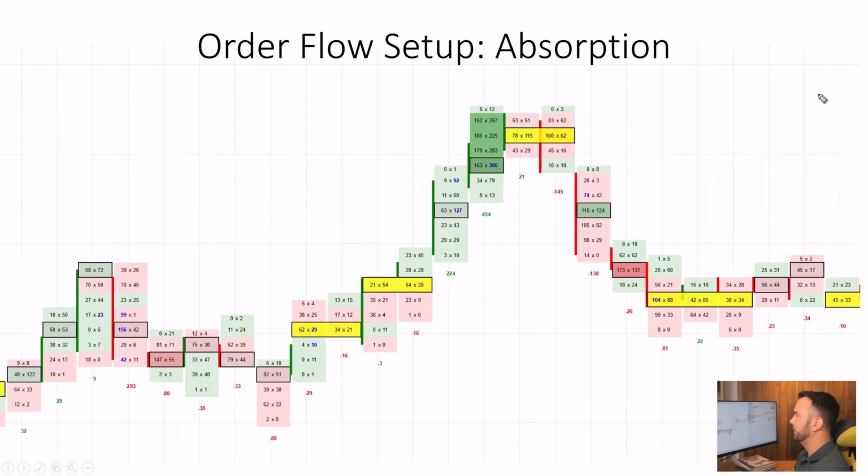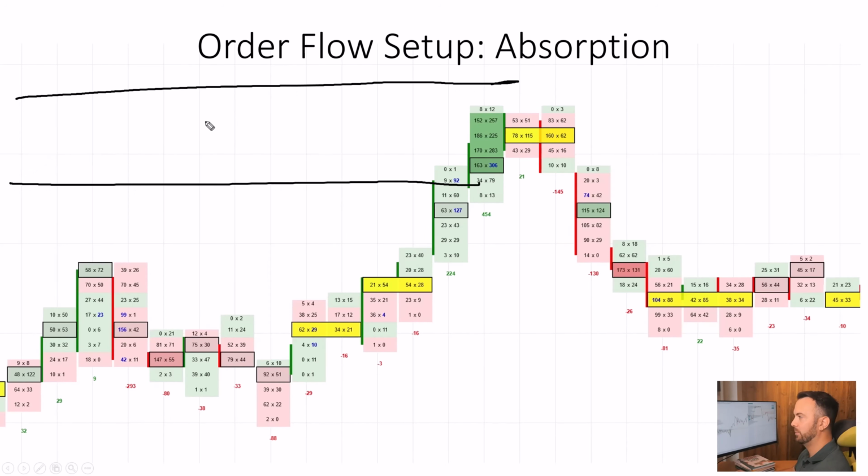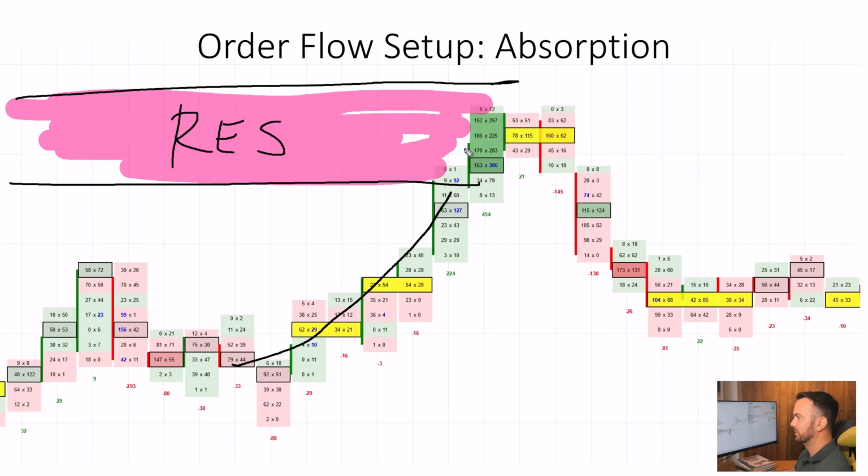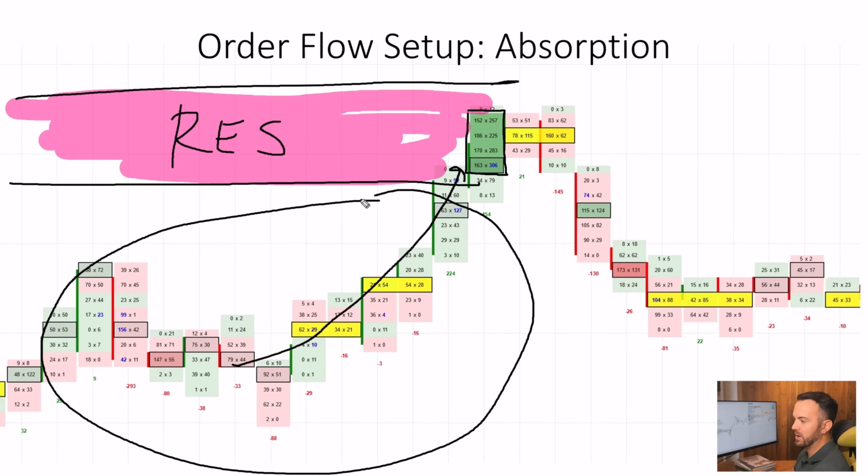So here's another example. Again, imagine that we have a resistance, for example, in here. This whole area is resistance. And when the price reaches that resistance, then you notice this. Unusually huge volumes both on bid and ask. Again, you can compare the volumes in this block with, for example, this area.